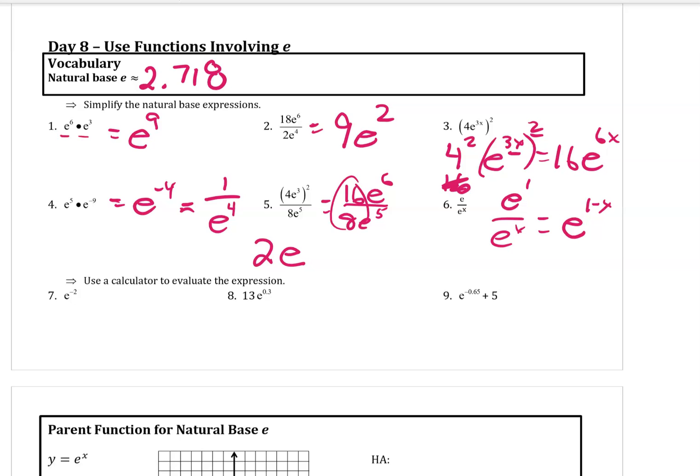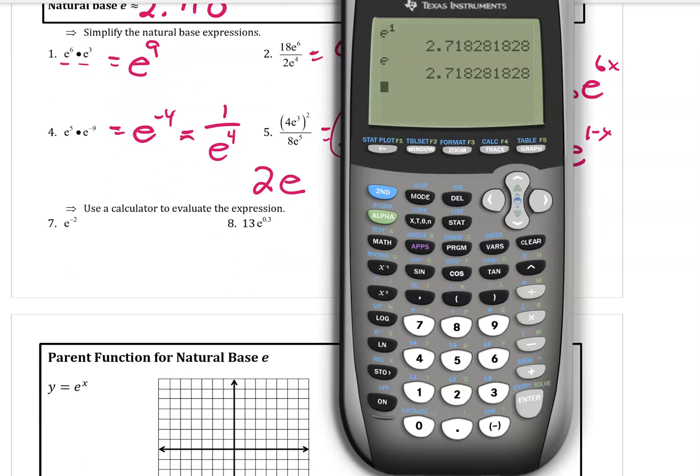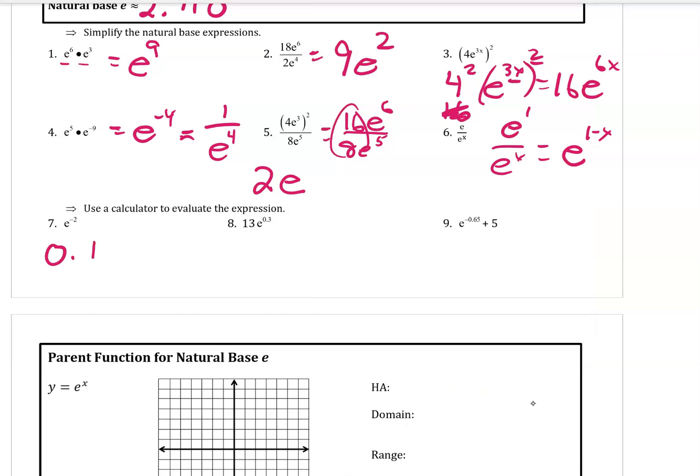Use a calculator to evaluate expression. e to the negative 2. We'll go into our calculator. We'll use the e to the x button right above ln. e to the x, negative 2. 0.135, approximately. 13e to the 0.3.